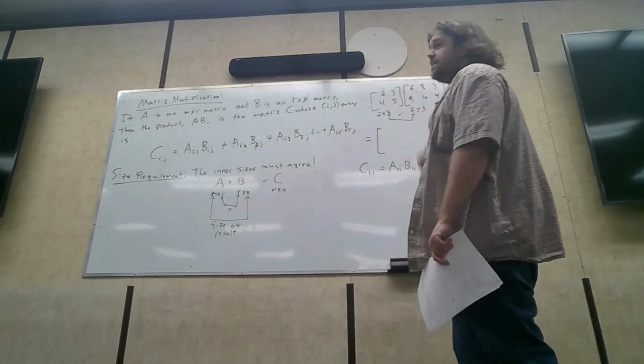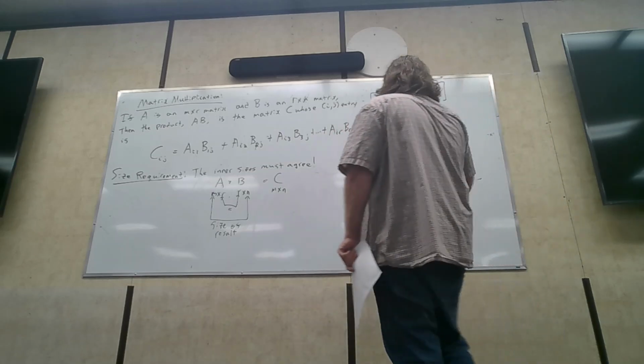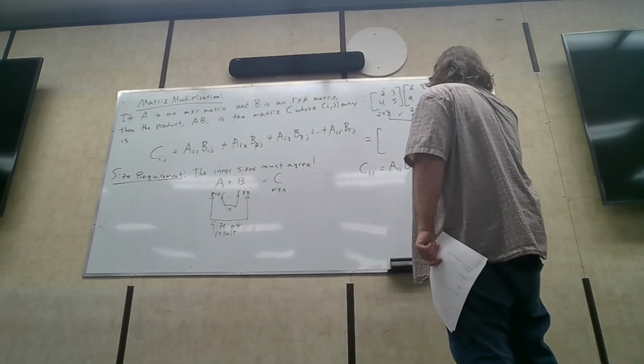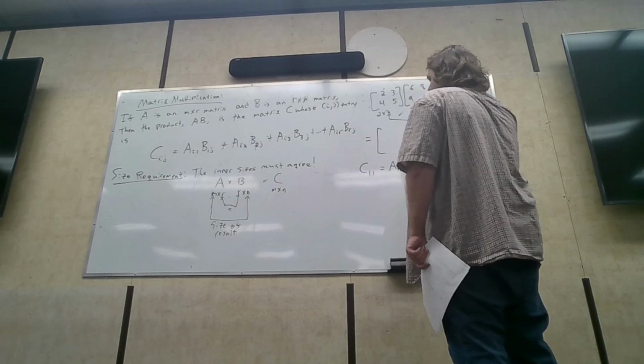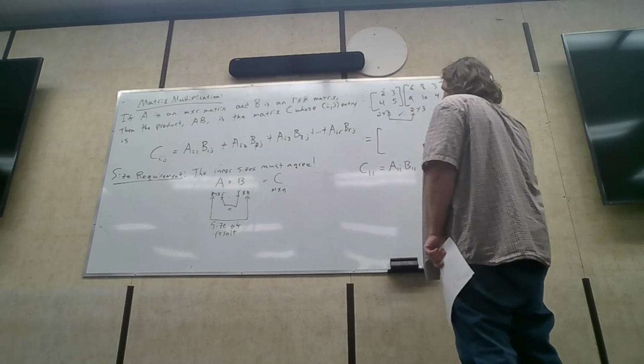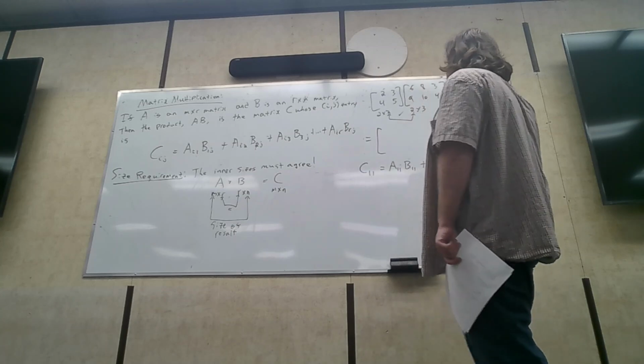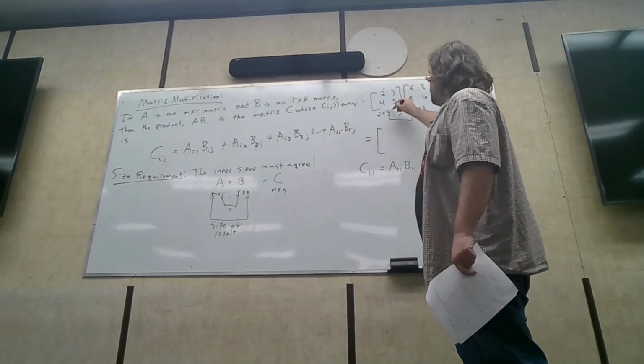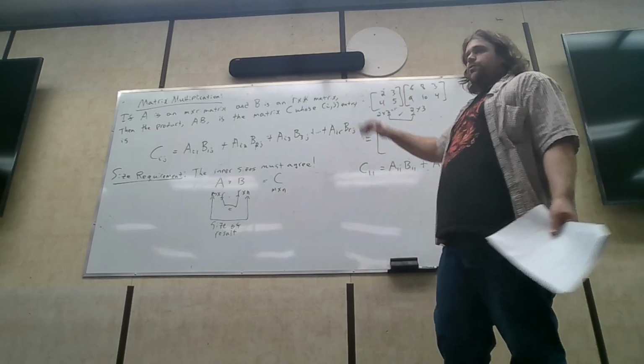Because these are just the things in the matrix. Plus, now we move to this one, A12, B21. And now we would keep going, but this formula tells us that once you get to R, in this case 2, you don't keep going. So we just hit 2.